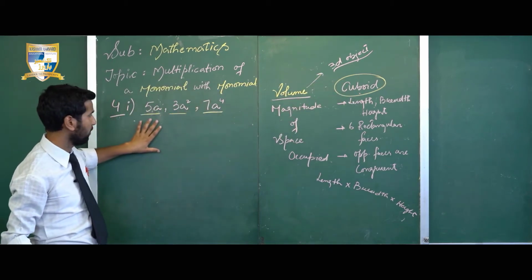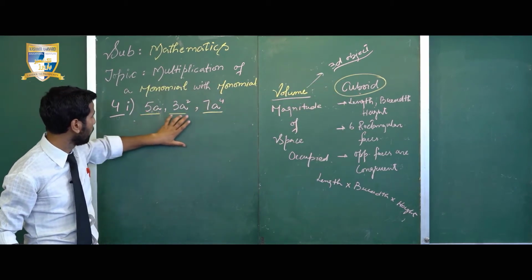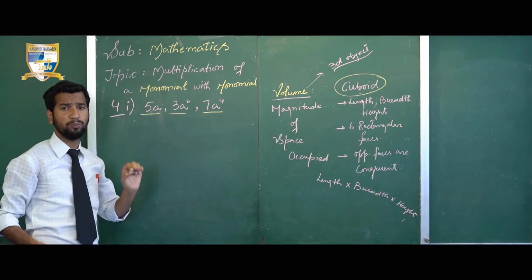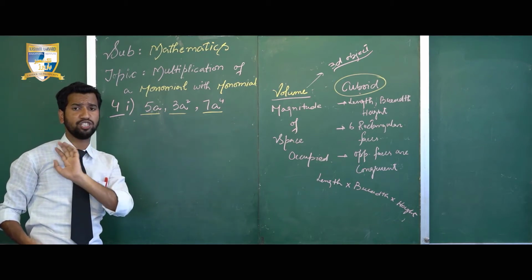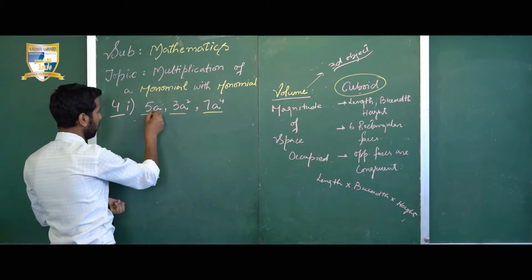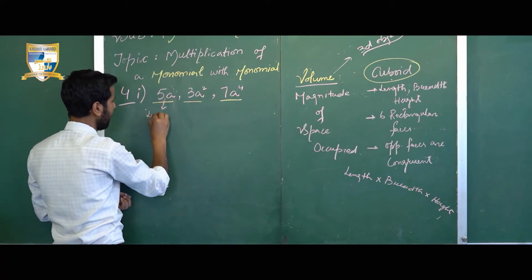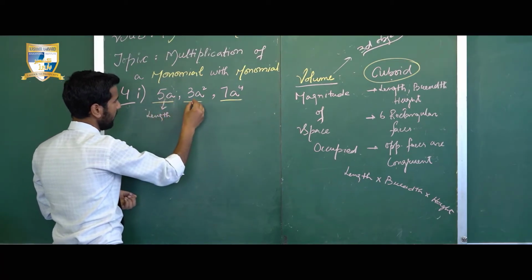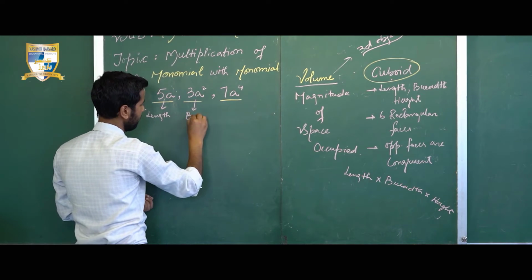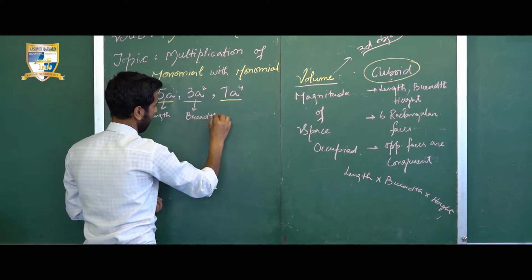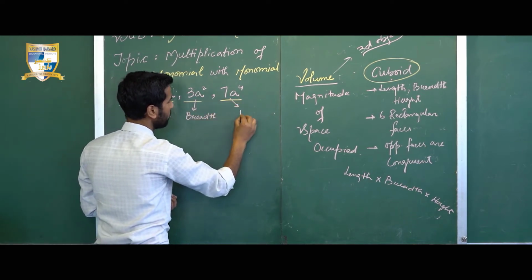In the same way, we have 3 monomials here, and these 3 monomials represent the 3 dimensions of a cuboid. Let the first monomial be length, let 3a square be breadth, and let 7a raised to the power 4 be height.